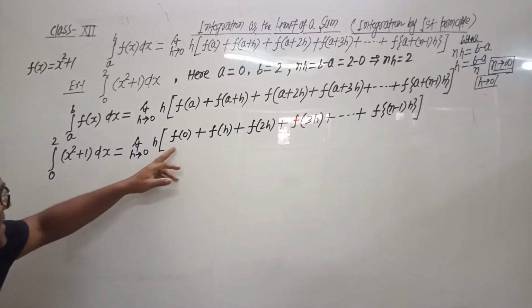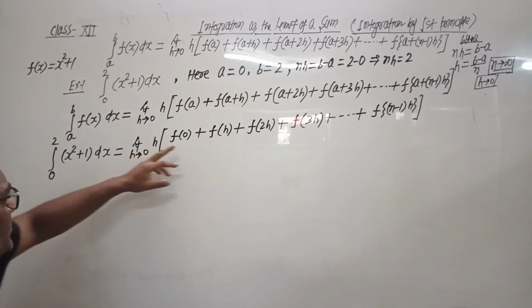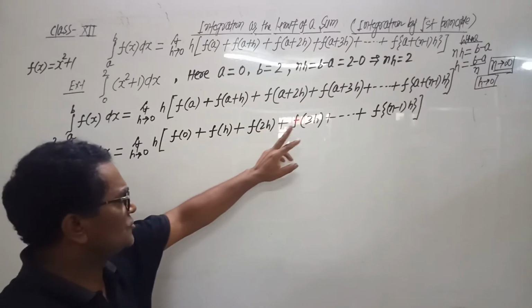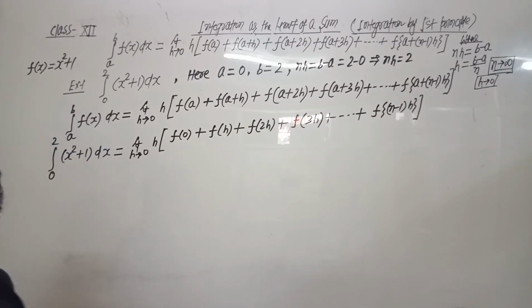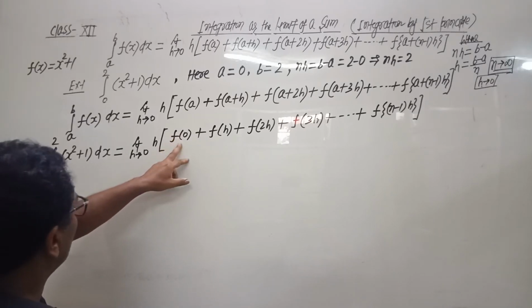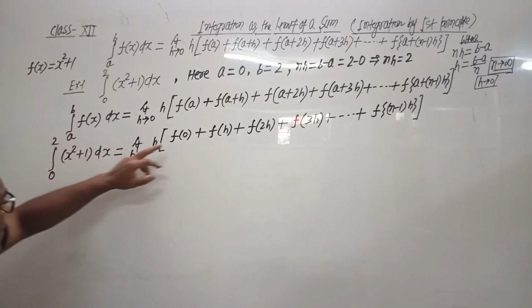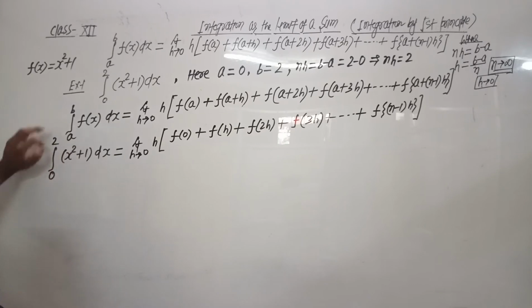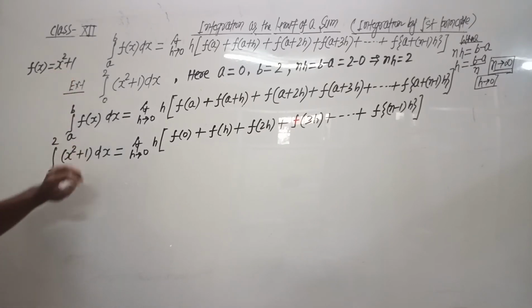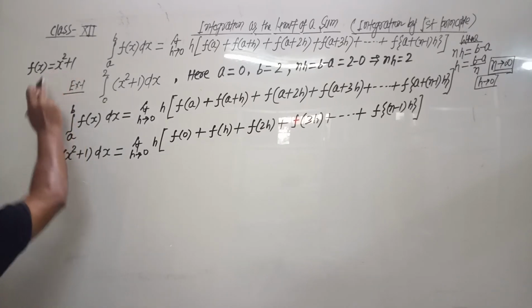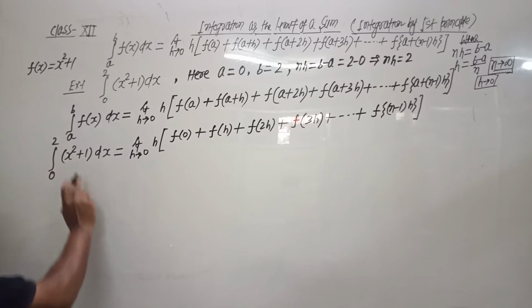Then we have to calculate f0, fh, f2h, f3h and f of n minus 1 h. To calculate f of 0, we put the value of x in x square plus 1.